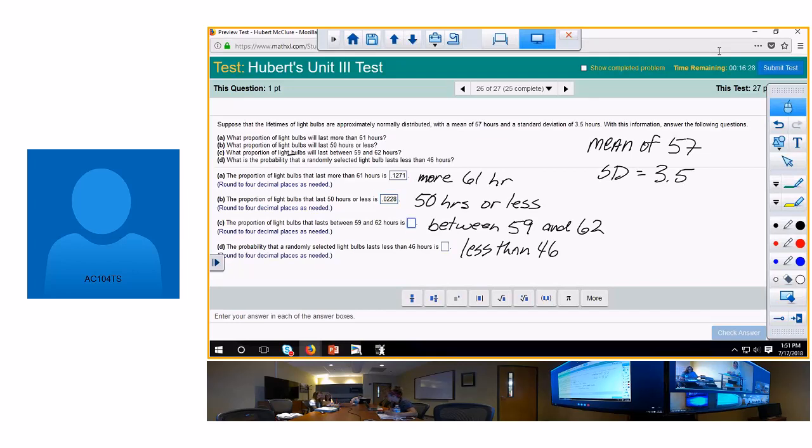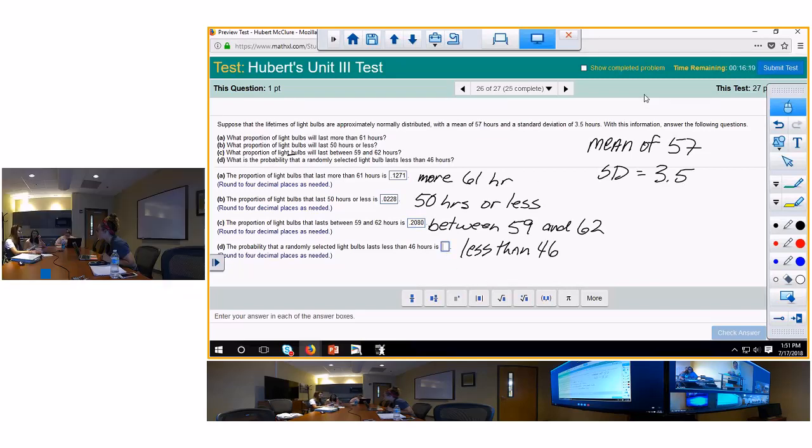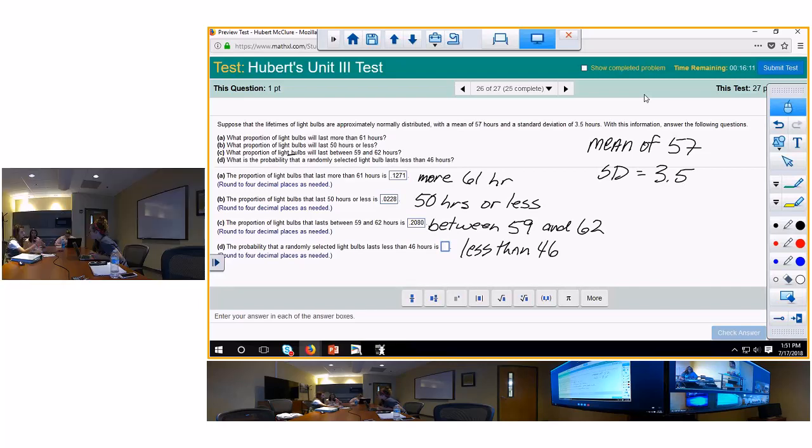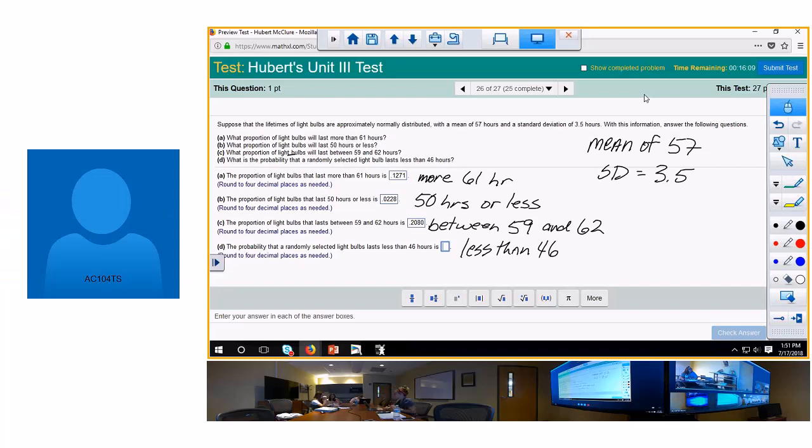Pretty good. 0.080. And what about the last one? Oh, you did 57 and then divide by 3.5. You need to choose how many numbers to do. Like the negative number, okay.